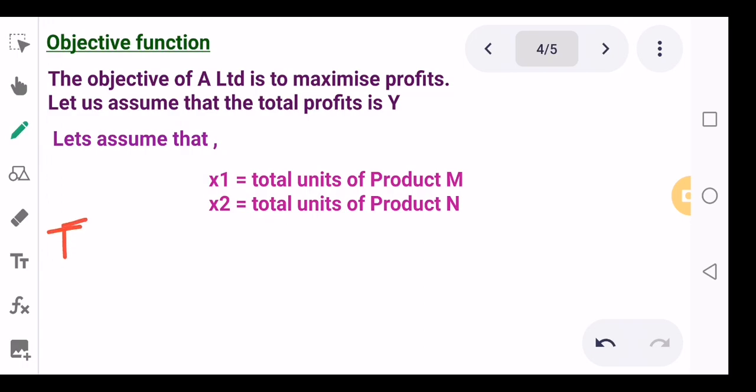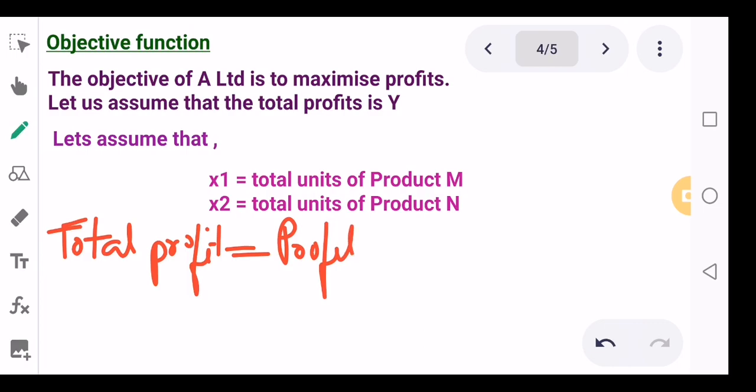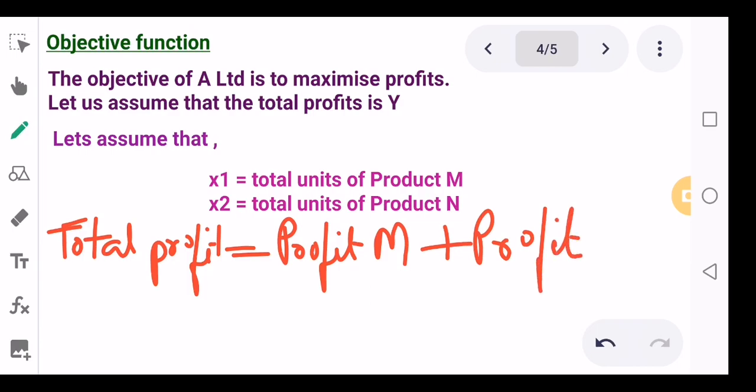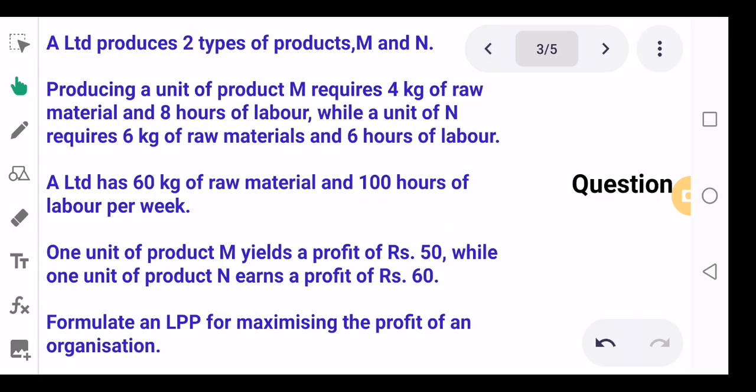Total profit is nothing but profit from product M plus profit from product N. Total profit is represented by Y, and we know that for 1 unit of M the profit is 50, but we don't know how many units of M are produced.